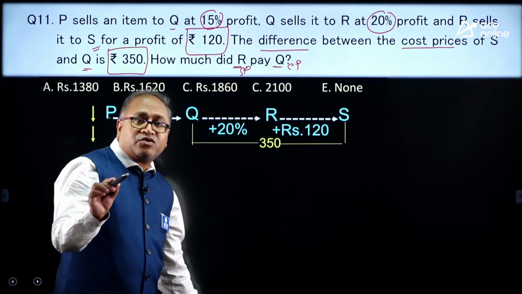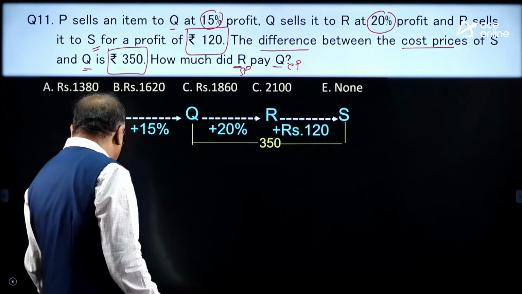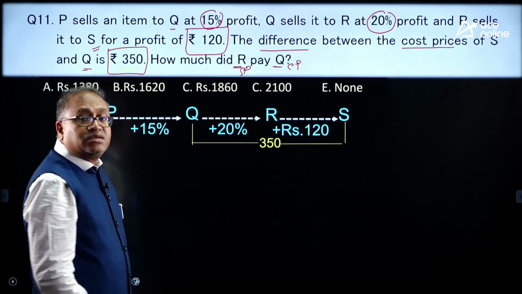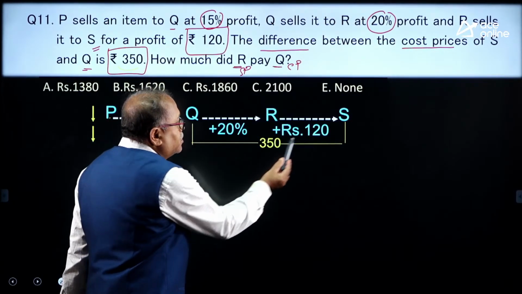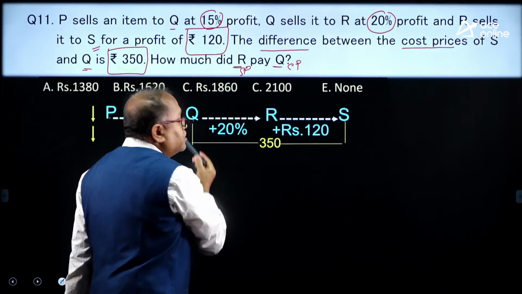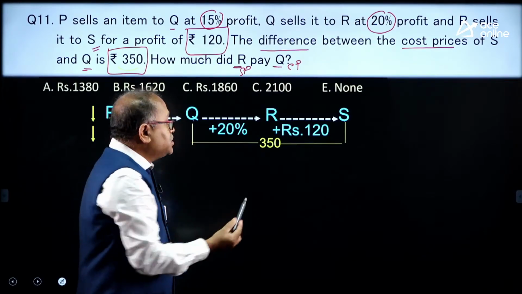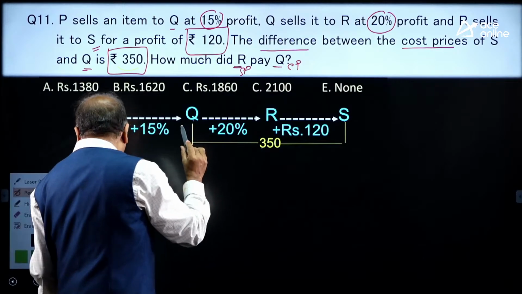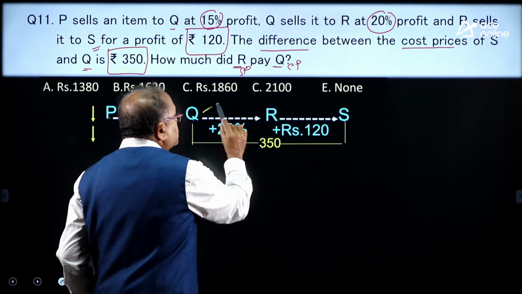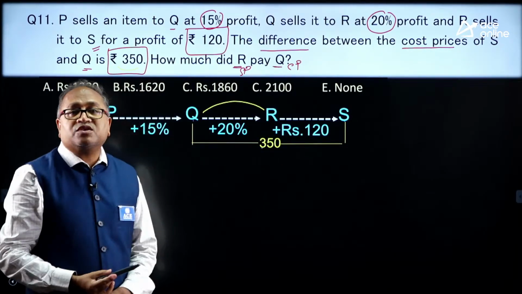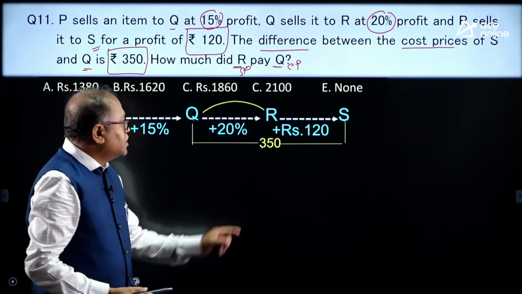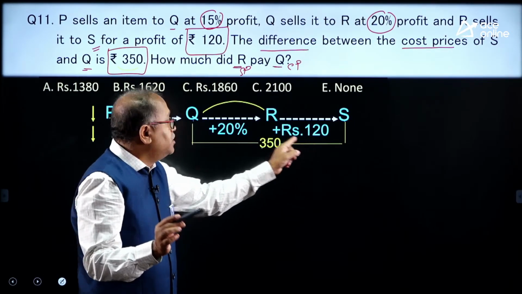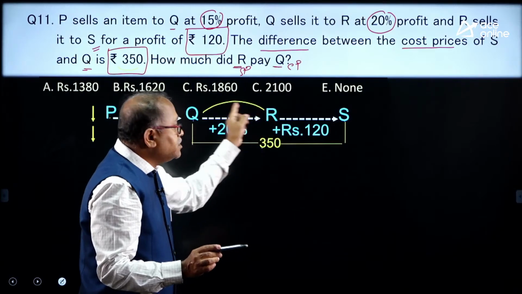So, I will give the clue to answer it. Look at this one. From here to here, the difference is 120. Then can you find out the difference from this cost price to this cost price? Simply from 350, if I take out 120, then I will get the difference here.